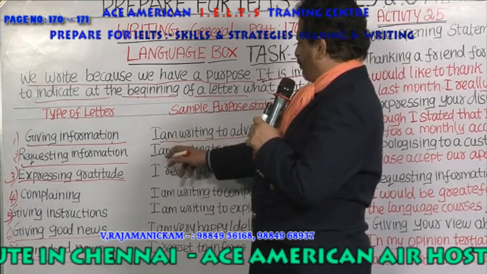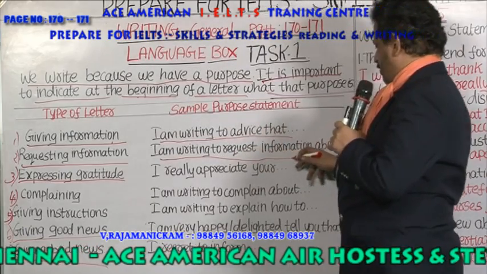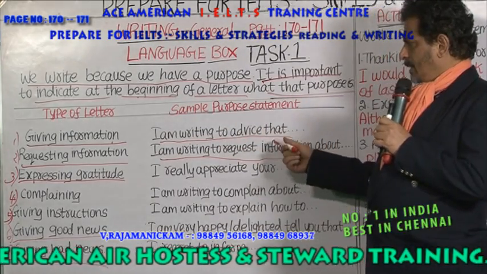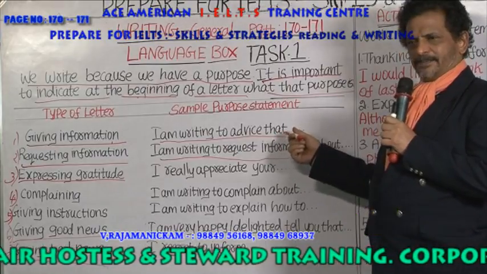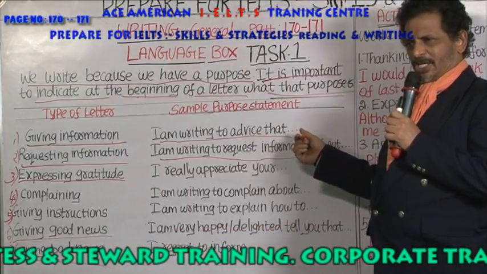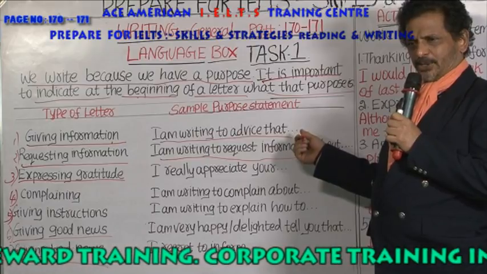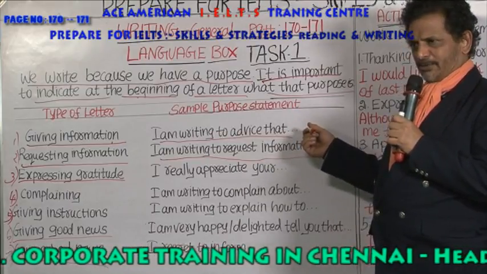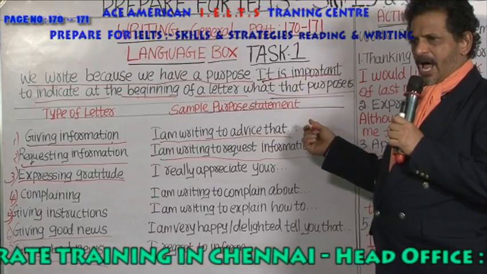Requesting information: I am writing to request information about. I am writing to advise that you come and join our college by June 1st. I am writing to advise that you come to the railway station exactly at 10 o'clock.